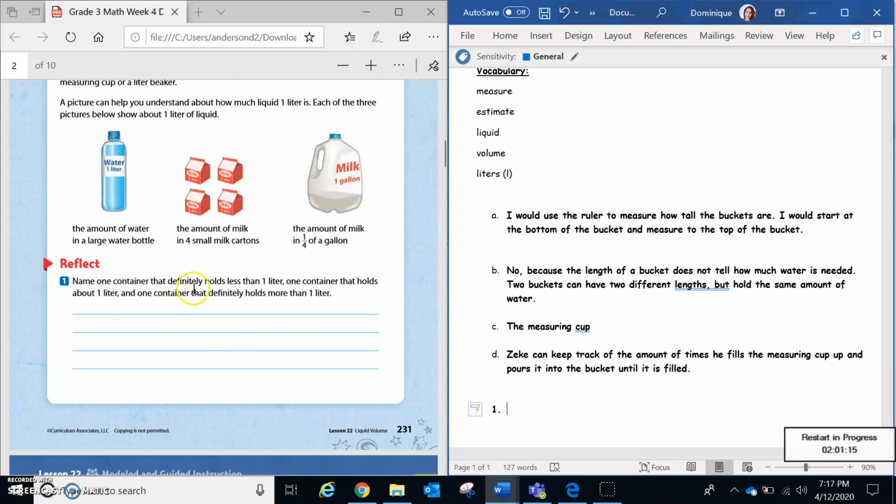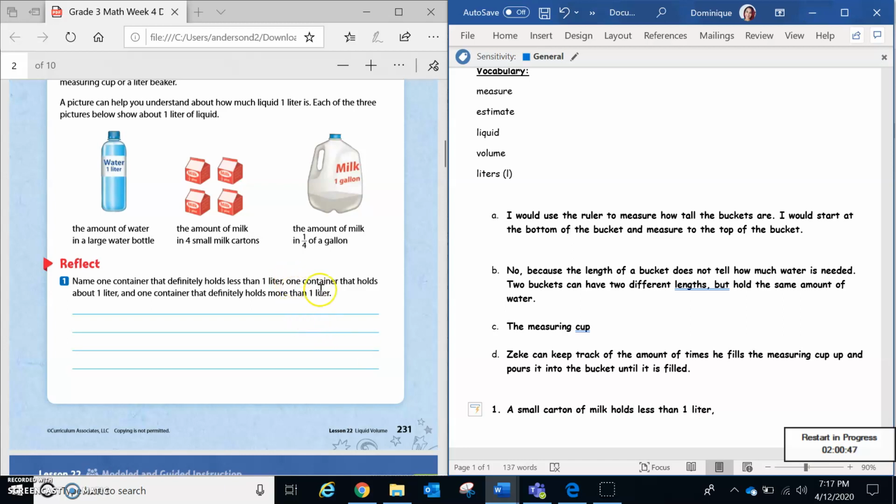Name 1 container that definitely holds less than 1 liter. If you look, our 4 milk cartons equals 1 liter. So that means if I only had 1 milk carton, that would be less than 1 liter. So we can put a small carton of milk holds less than 1 liter.